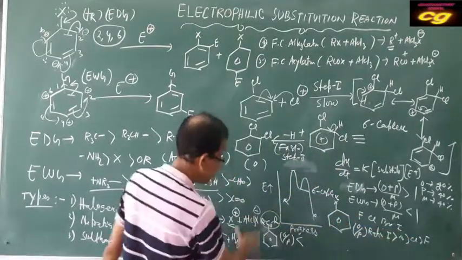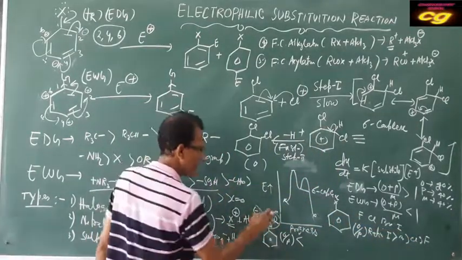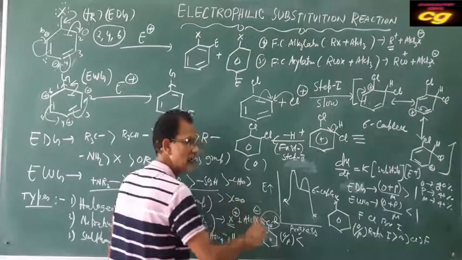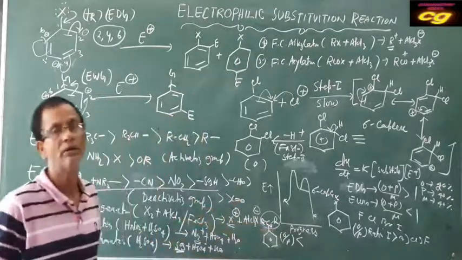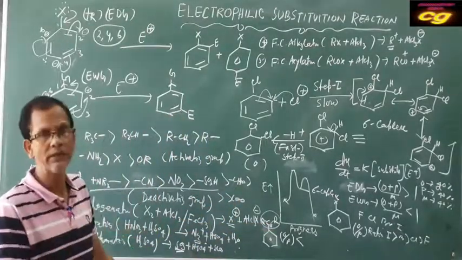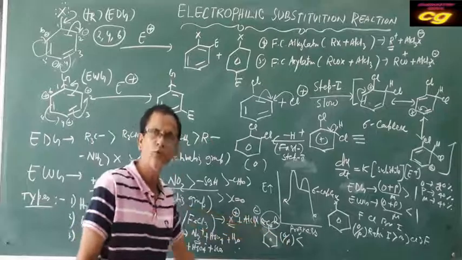But if the group is a bulky group, if one methyl is there, if two methyl are there, then the ortho ratio will be less. If the number of R is increased, then the ortho ratio will be decreased.